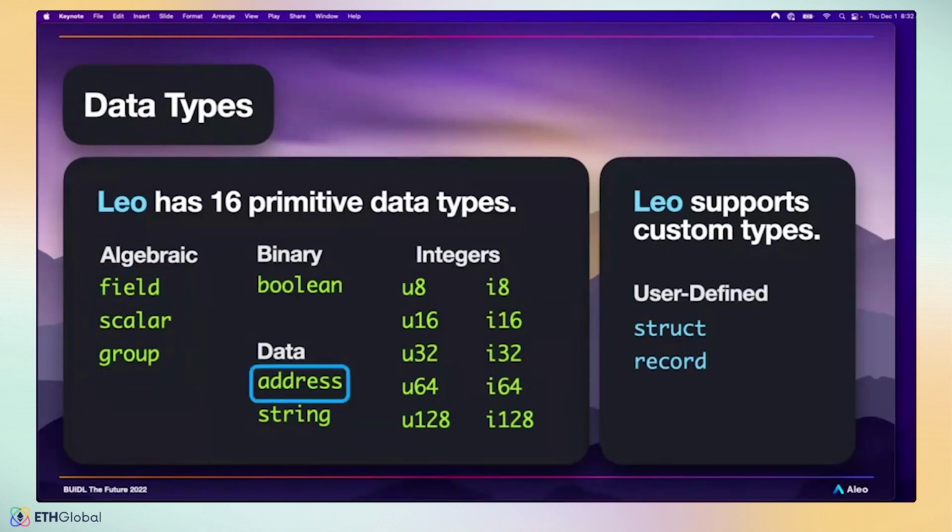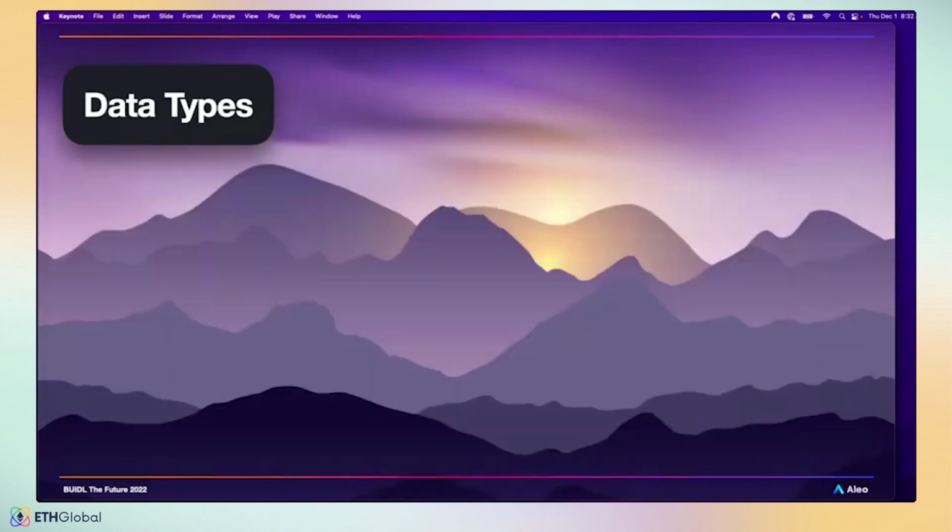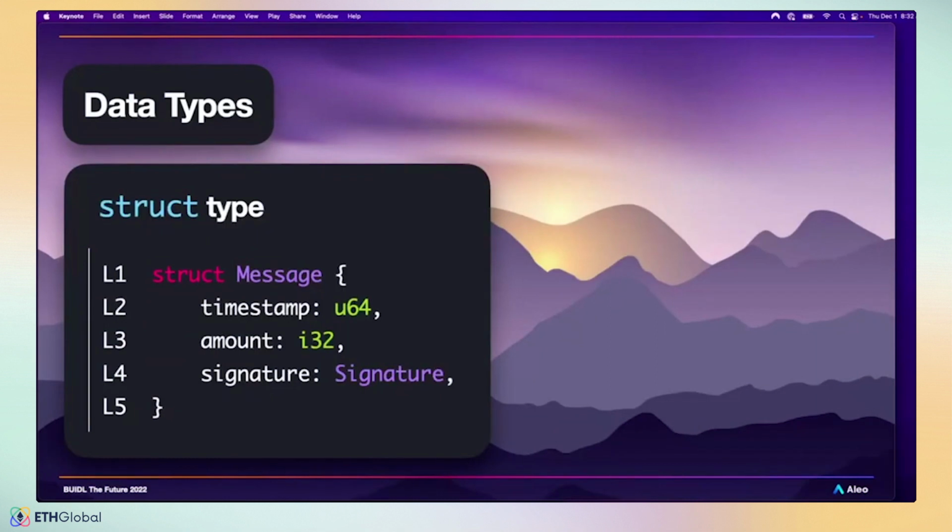And then you also have addresses, and these are akin to Ethereum addresses. Digging a little bit deeper, a struct is a composite data type, which contains a number of fields. Each of these fields could either be a primitive data type or another composite data type, another struct itself.